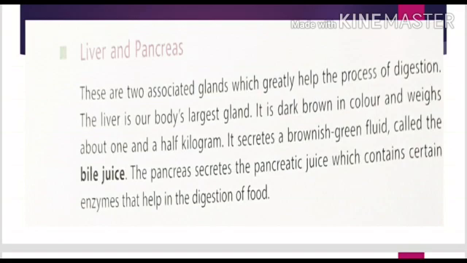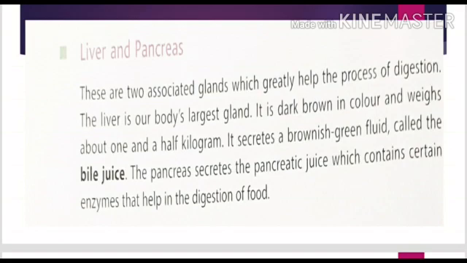Because food does not enter into these glands, but the juices from these glands, the secretions of these glands, are sent to the small intestine where these juices help in the digestion of food. So dear student, liver and pancreas are the two associated glands present in the digestive system.